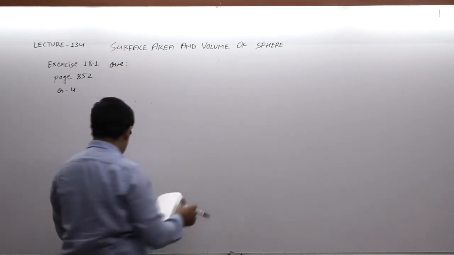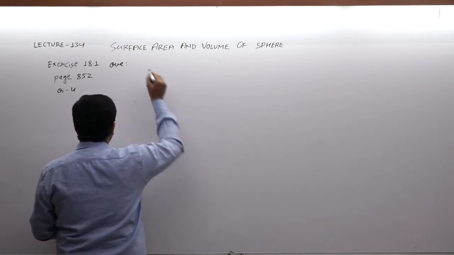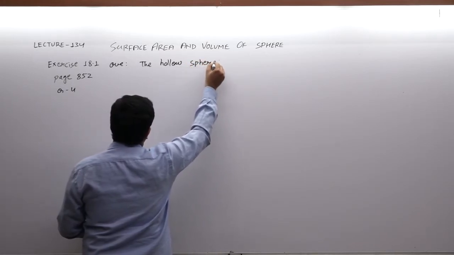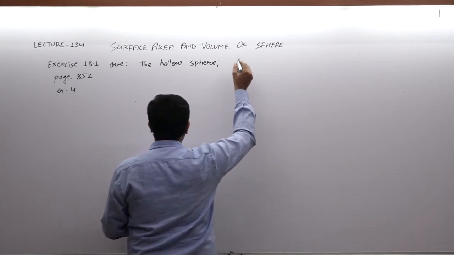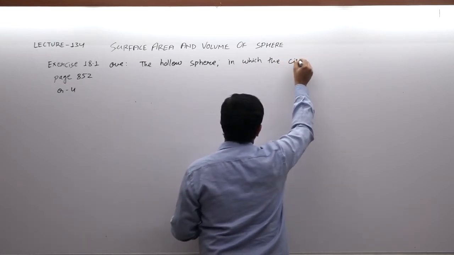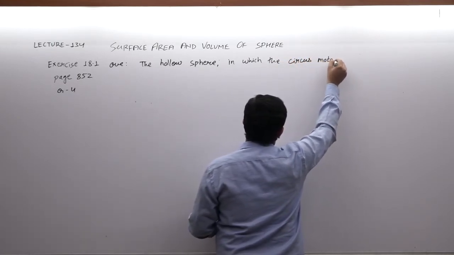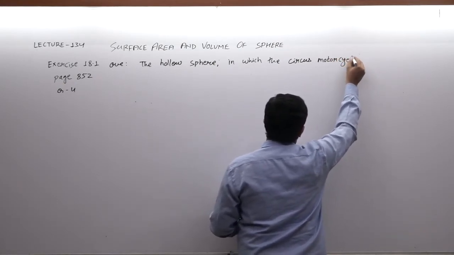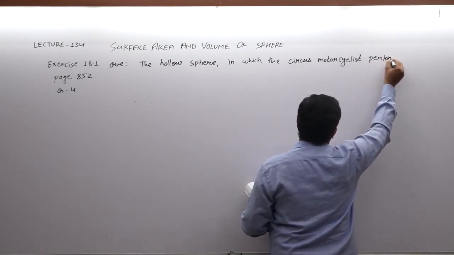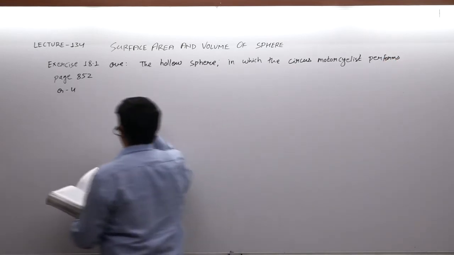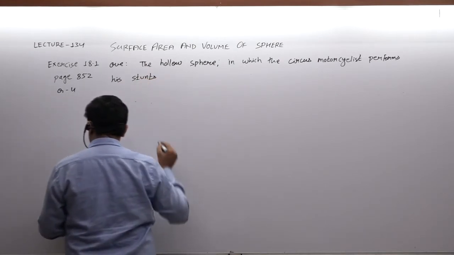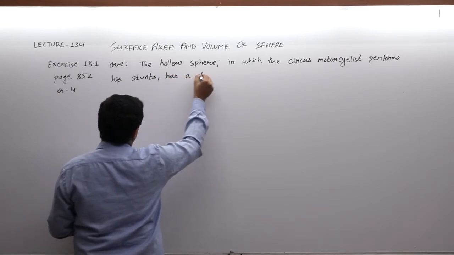Okay, so the question is: the hollow sphere in which the circus motorcyclist performs his stunts has a diameter 7 meter.